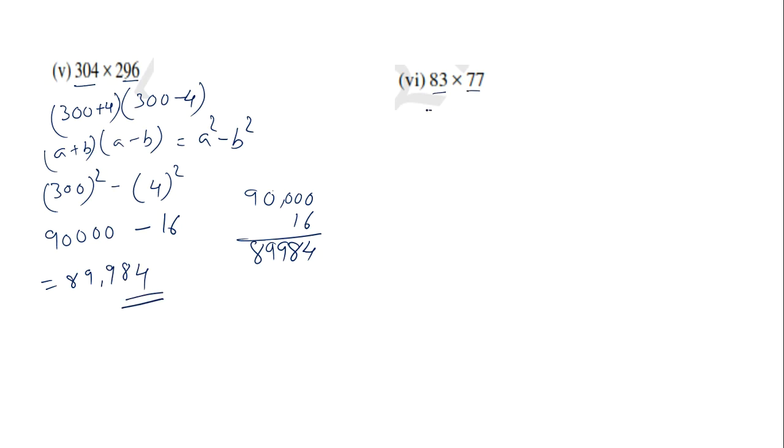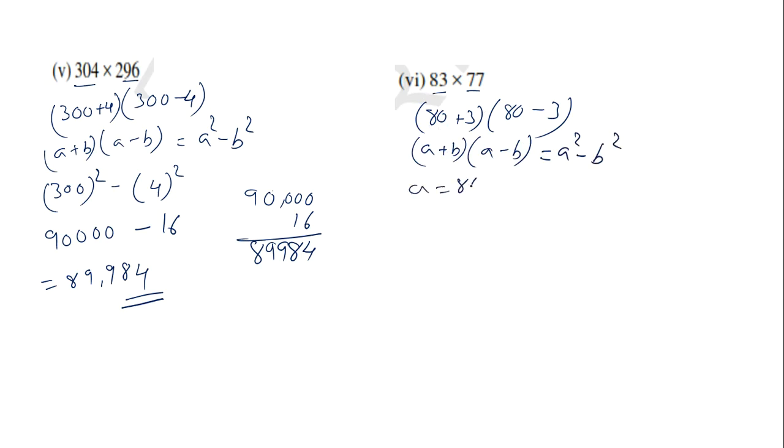Okay, now how can we write this? This can be written as 80 plus 3 into 80 minus 3. So this is also in the form of a plus b into a minus b, which is equal to a square minus b square. A is equal to 80, b is equal to 3.